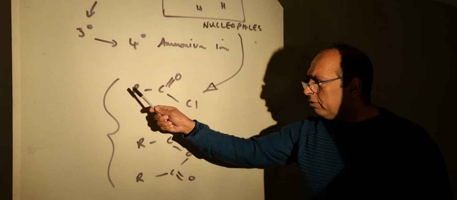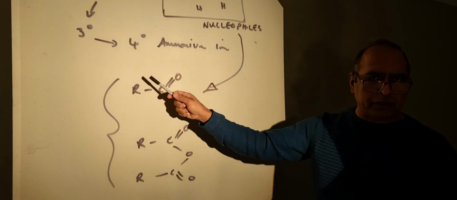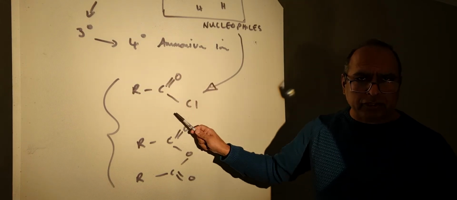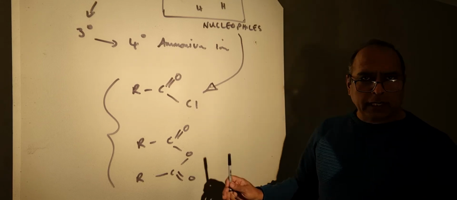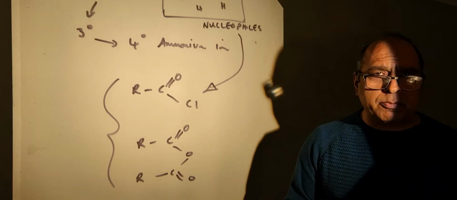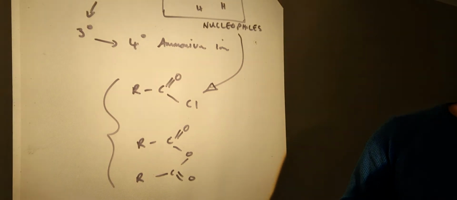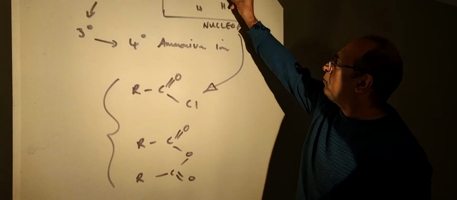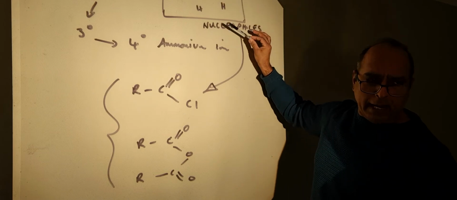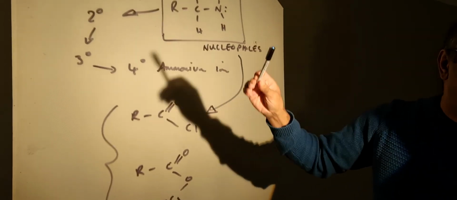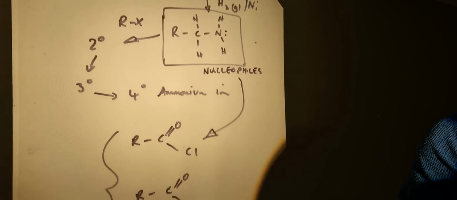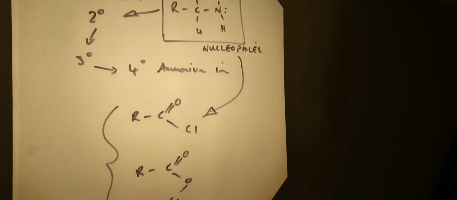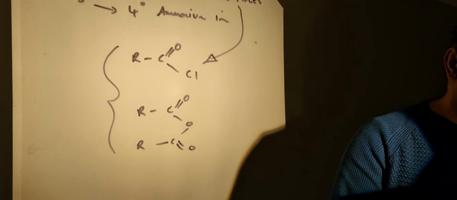The acyl chlorides were great reactions, but they were too quick, they were dangerously quick, whereas acid anhydride reactions were much more manageable. So you may be asked to react an amine with acid chlorides and acid anhydrides, and they would react to make amides.